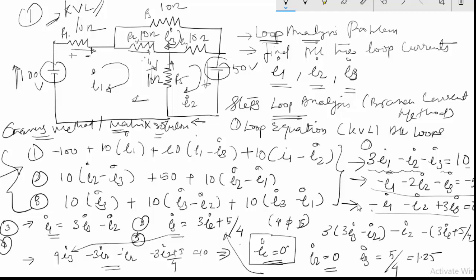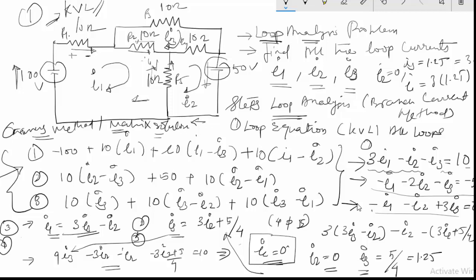So you have got I2 equal to 0 and I3 equal to 1.25, and now you substitute in the first or the third equation which you got. So you will get I1 equal to 3 into 1.25, which is equal to 3.75. So that is the value of I1.